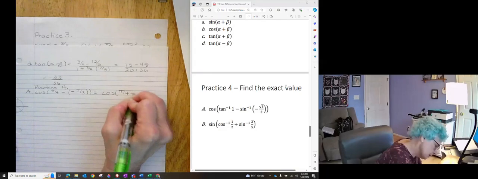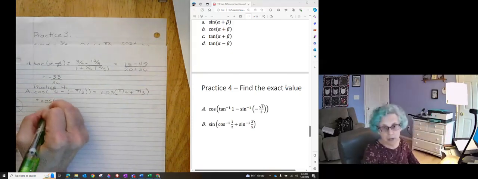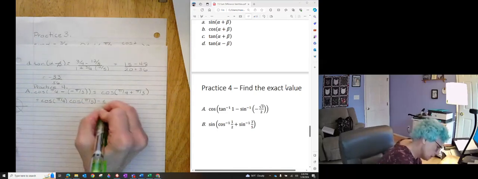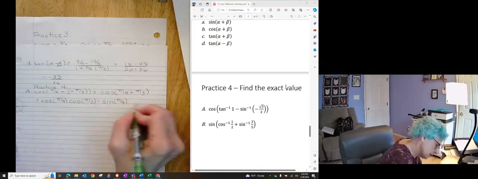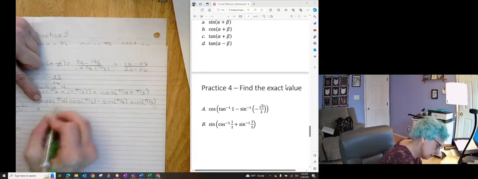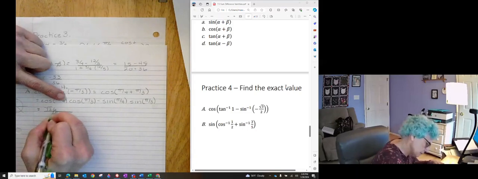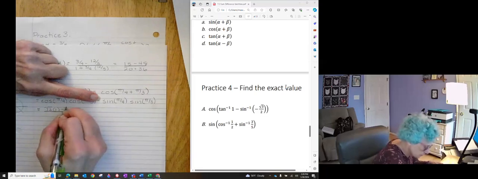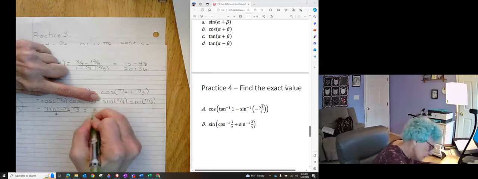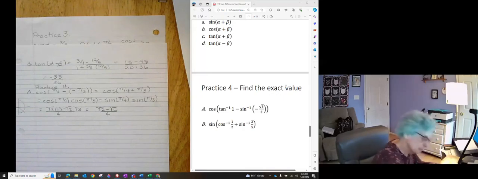So this is really cosine of pi over 4 plus pi over 3, which is cosine of pi over 4 cosine pi over 3 minus sine pi over 4 sine pi over 3, which would be square root of 2 over 2 times 1/2 minus square root of 2, I know it's going to be over 4, times square root of 3 over 2, which is just square root of 2 minus square root of 6 over 4.